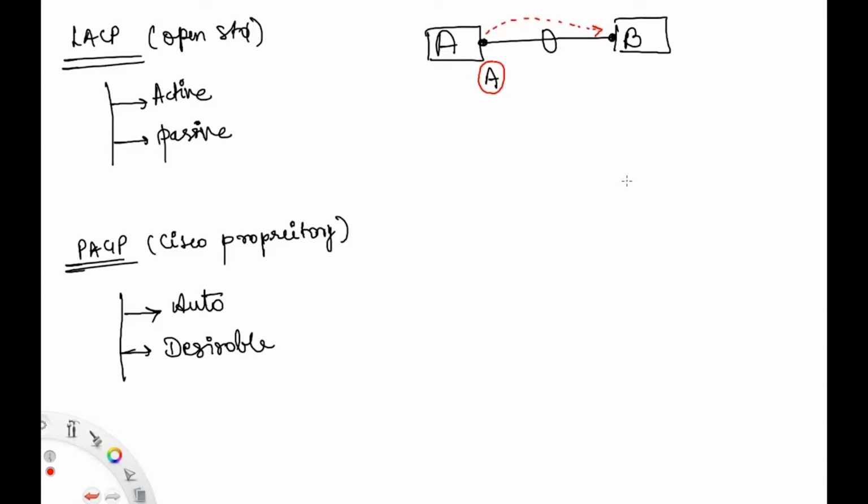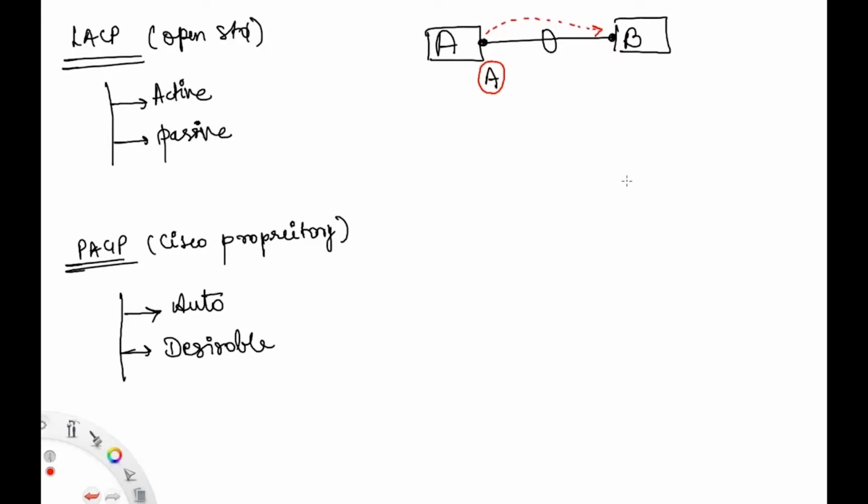it could be full duplex or half duplex or auto negotiation, whatever it is, all of these are certain parameters. The LACP timers, there are certain parameters which are exchanged across both the devices to make sure that these configurations are consistent.